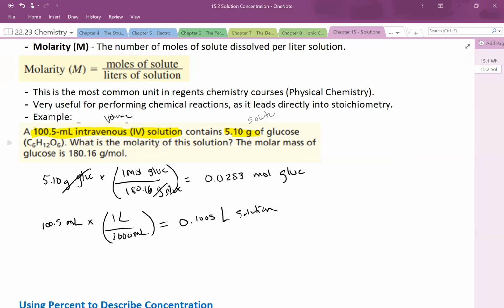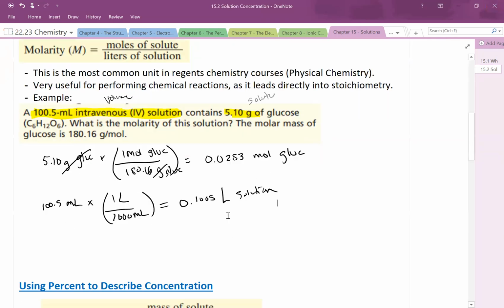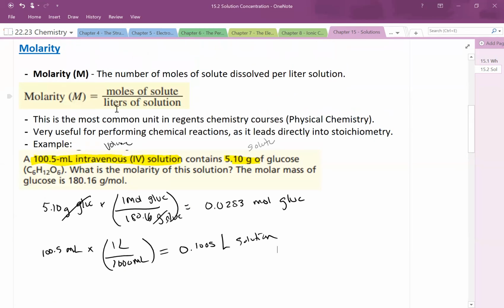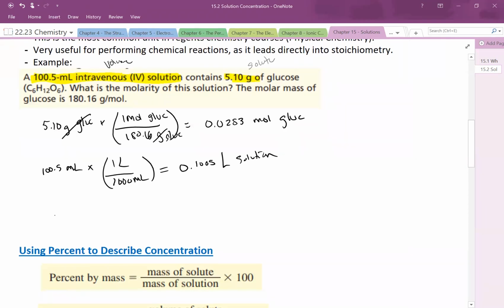So in order to calculate the concentration, I simply take my moles divided by my liters. So M equals mole over liter equals 0.0283 mole of glucose over 0.1005 liters of solution in total.